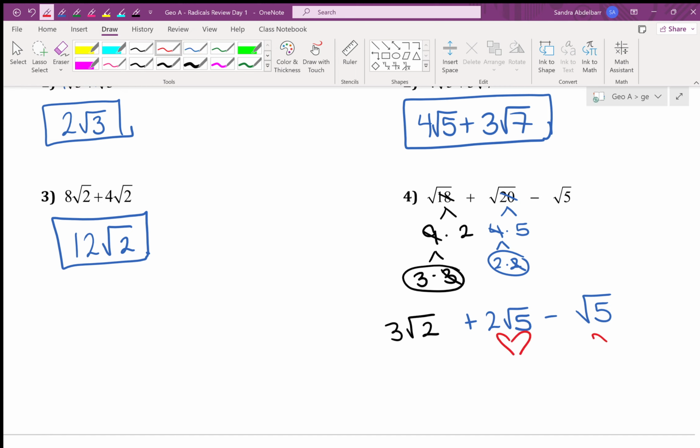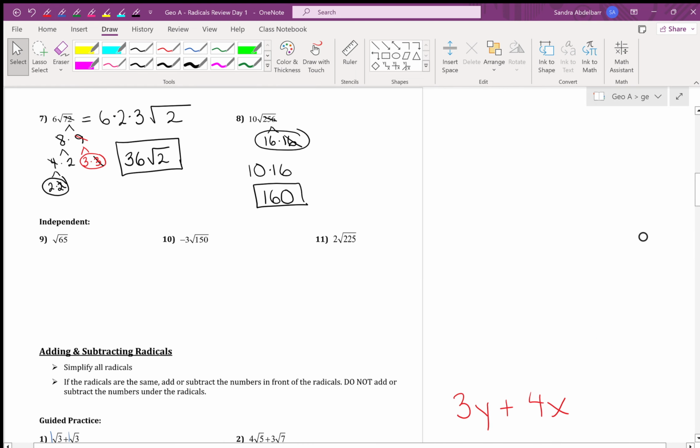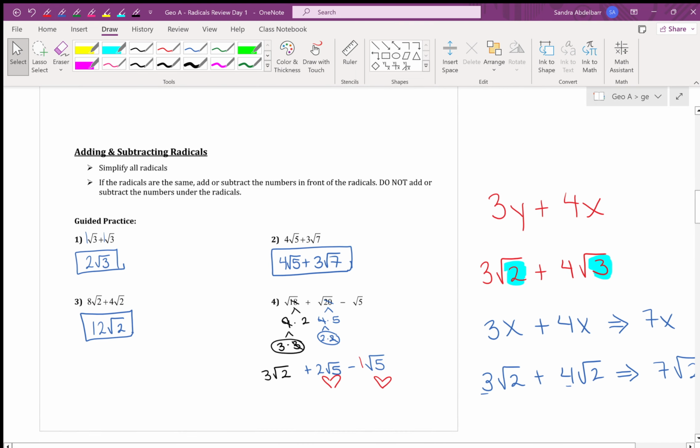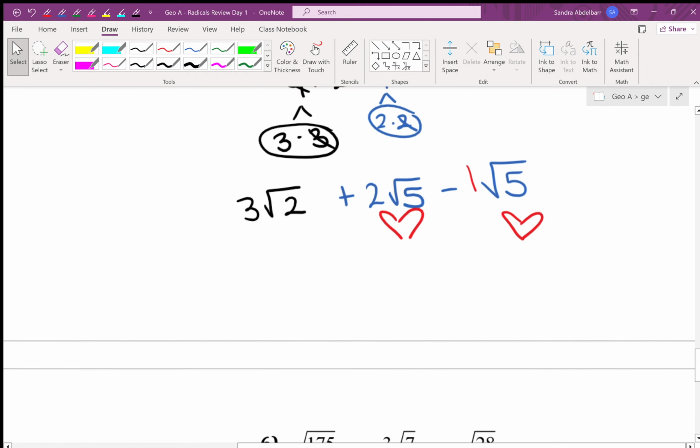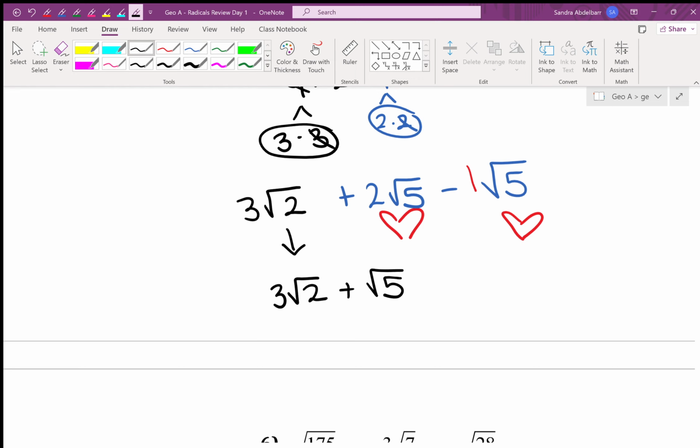You got it. What is a 2 root 5 minus a 1 root 5? Root 5, you got it. So now that 3 root 2 just gets brought down. So you have 3 root 2 plus 1 root 5 or just root 5. If you want to put the 1 there, that's fine. It's just not necessary.